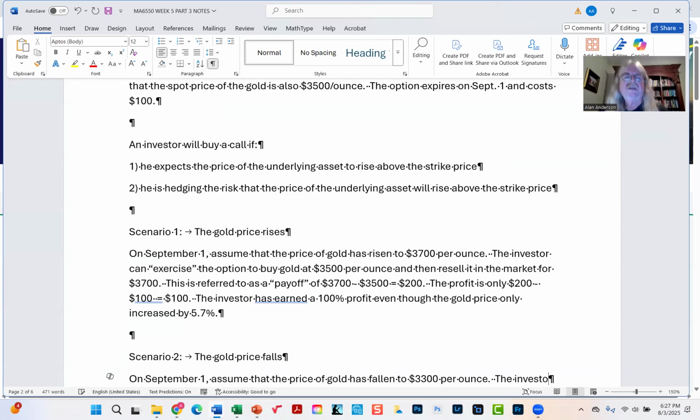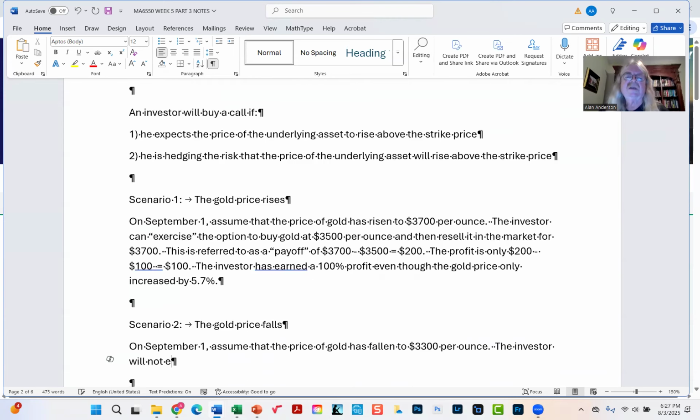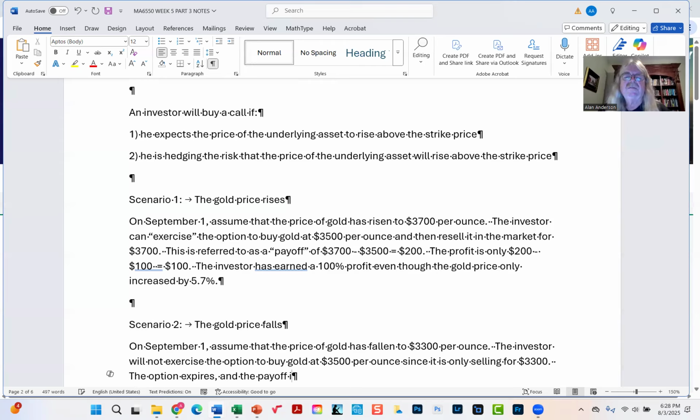The investor will not exercise the option to buy gold at 3,500 per ounce, since it is only selling for 3,300. So the option expires and the payoff is zero because it's not being used. The profit, on the other hand, is actually a loss of $100 or 100%.